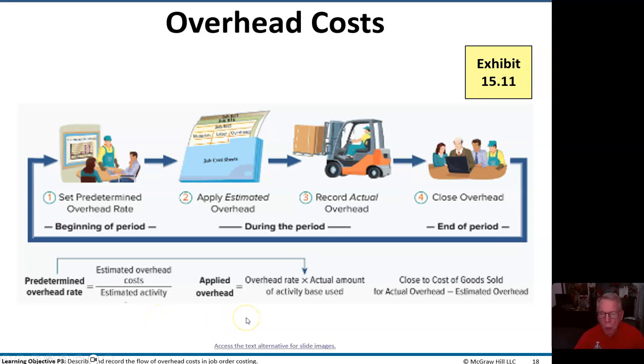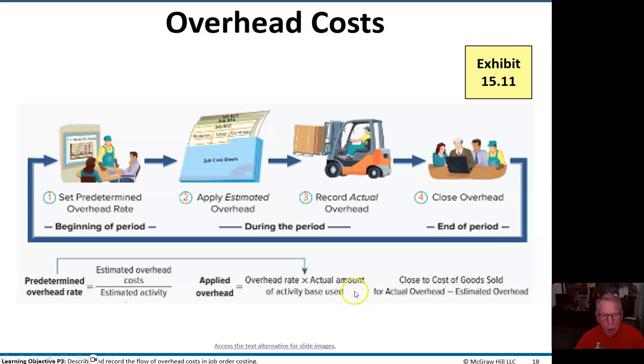Now, what do we do with this predetermined overhead rate? We apply that as we're manufacturing our product. We will apply the predetermined overhead rate to the actual activity that we use, the actual activity base.